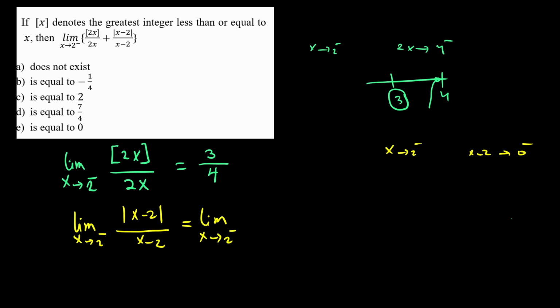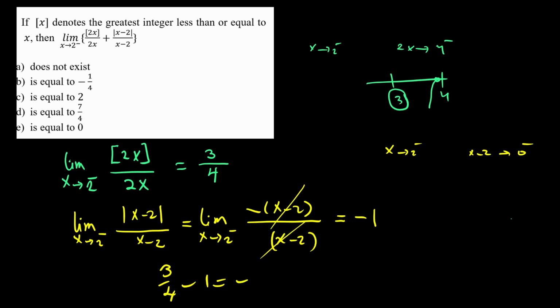So this is equivalent to minus times x minus 2, because x minus 2 as x approaches 2 from the left will be negative, and this is divided by, of course, x minus 2. Now I can cancel x minus 2 with x minus 2 because x is not exactly 2. So this is the limit of minus 1, which is equal to minus 1, and therefore the required limit is equal to 3 over 4 minus 1, which is minus 1 over 4.